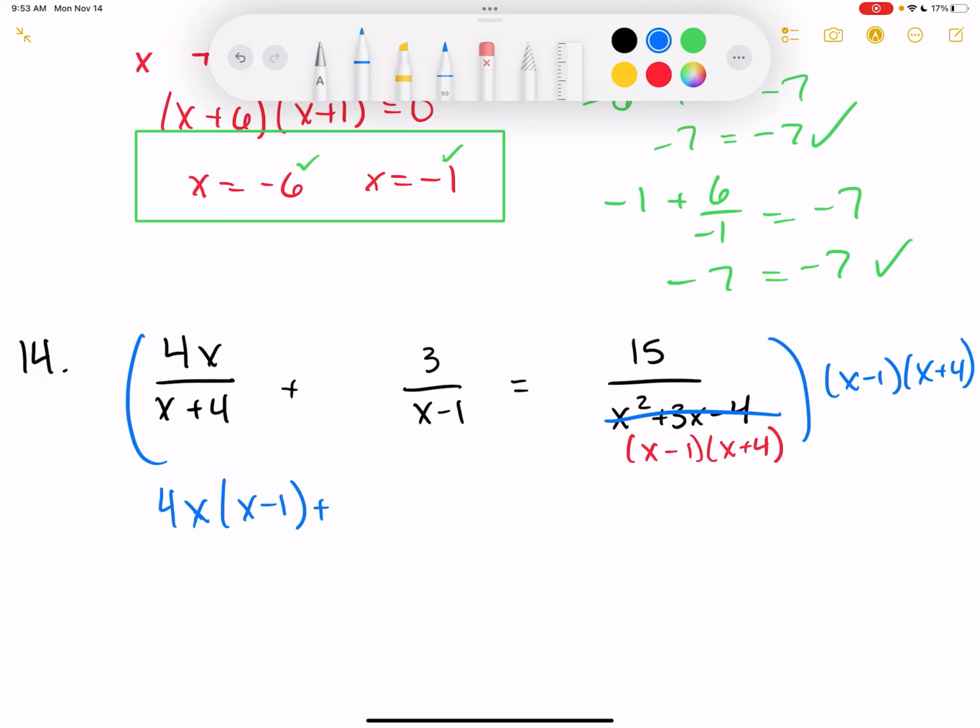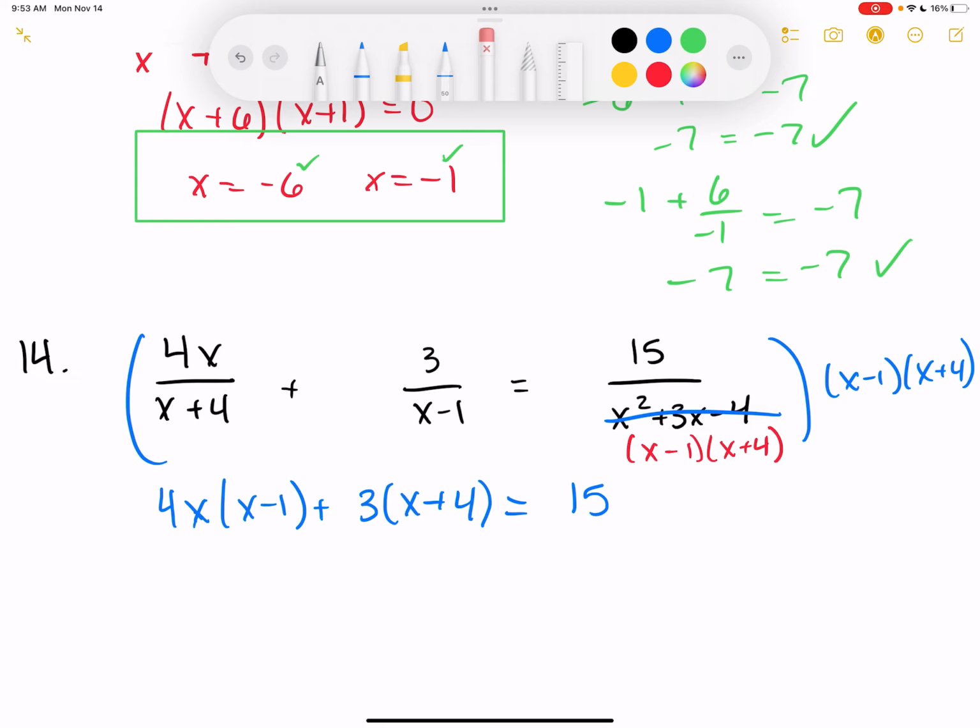So you have 3 times (x plus 4) equals, the whole thing cancels on this side, so it's equal to 15. Always. Now, you could still multiply the first one by (x minus 1) over (x minus 1), but ultimately it's going to cancel because it's on both sides of the equal sign. That's why we can do that.